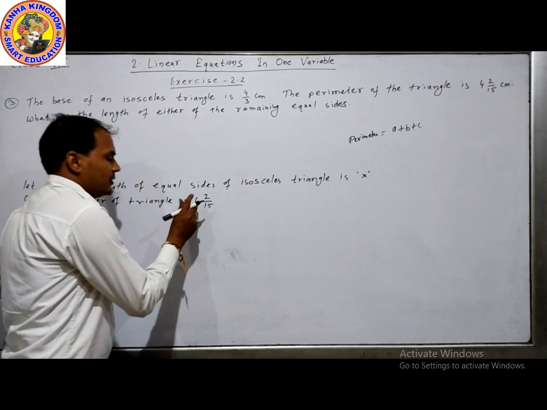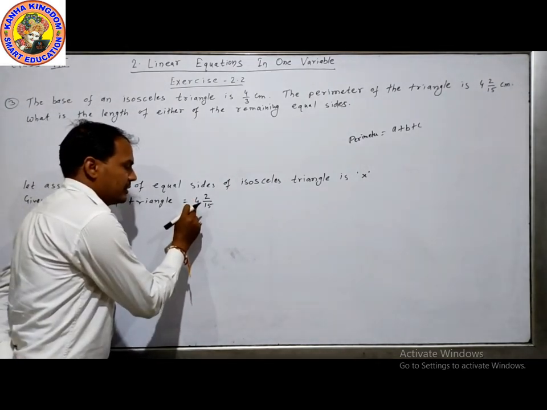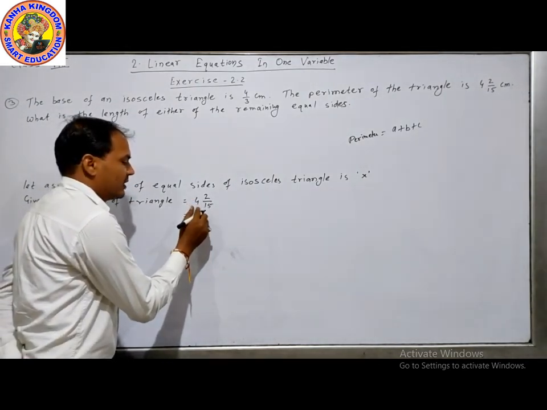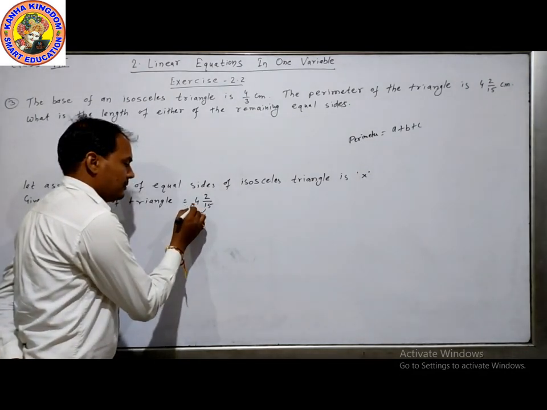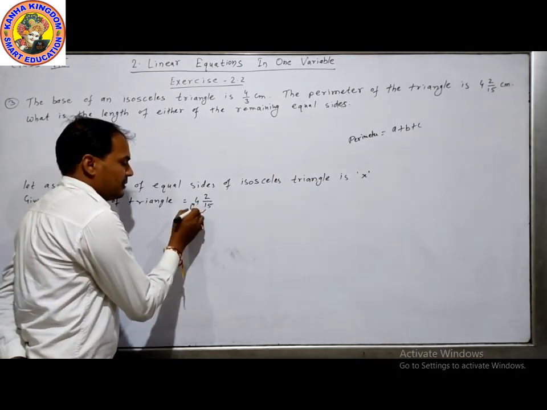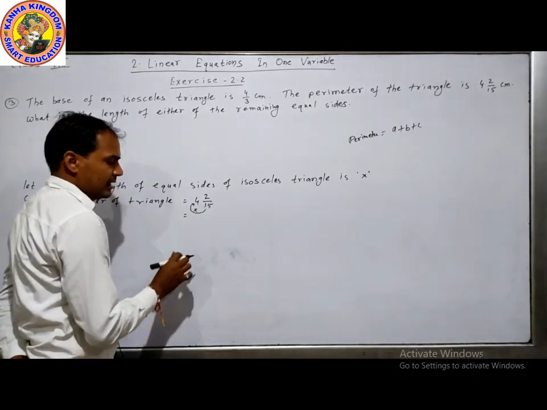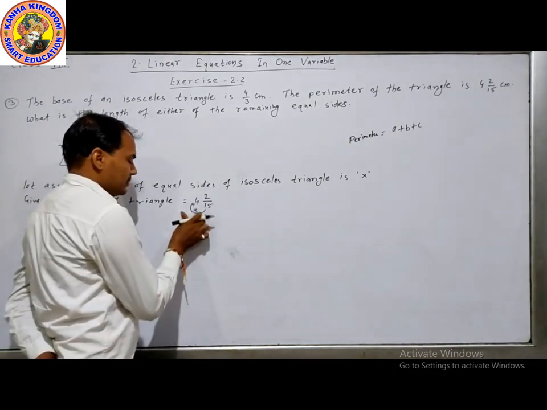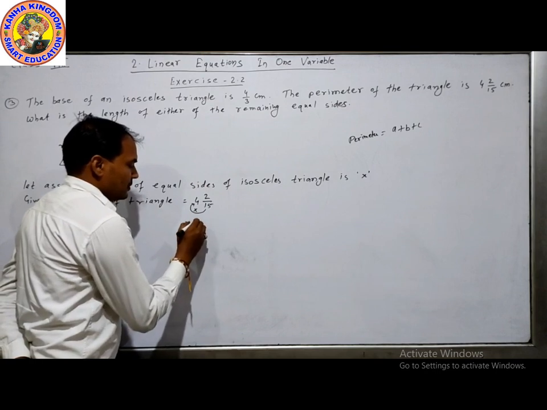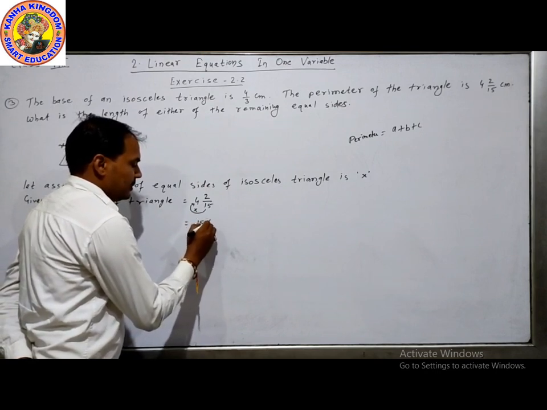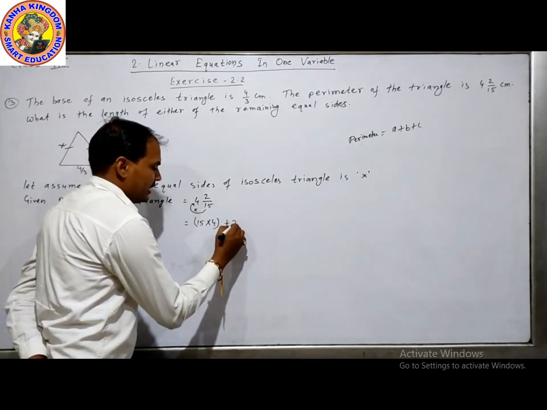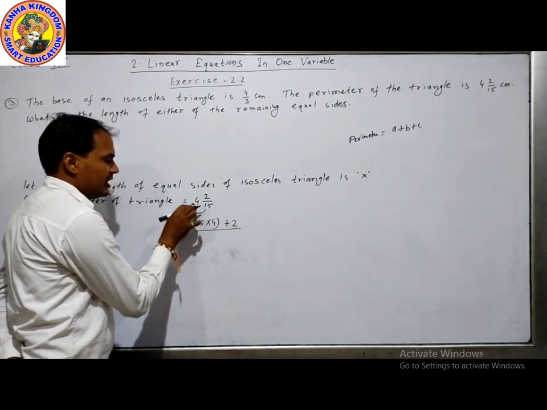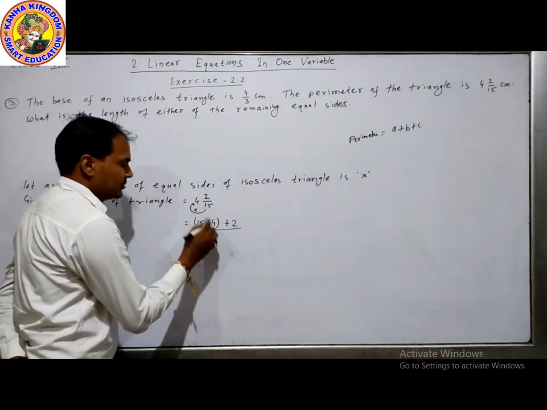This number is a mixed number, we have to convert it into a fraction. 15 multiplied by 4 and then add 2. 15 into 4 plus 2.